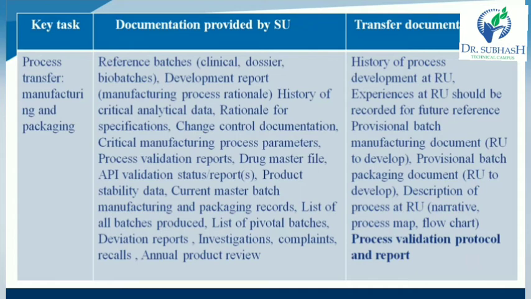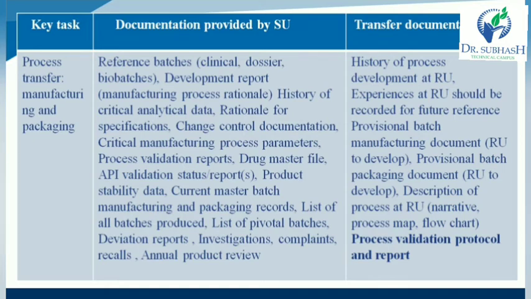So for process transfer, manufacturing and packaging purposes, which type of transfer documentation is required? The history of process development at the receiving unit is required, and experience at the receiving unit should be recorded for future reference.